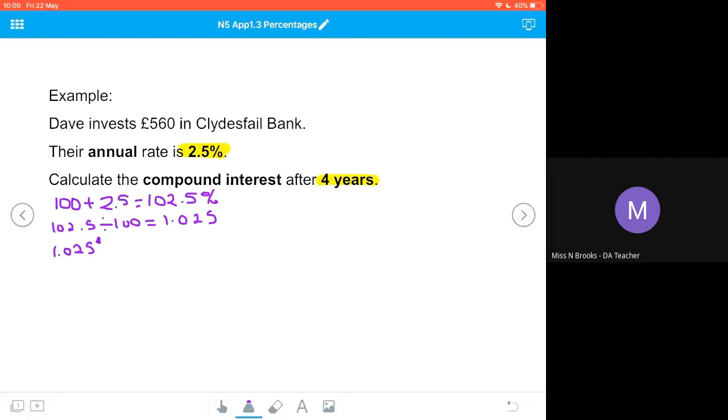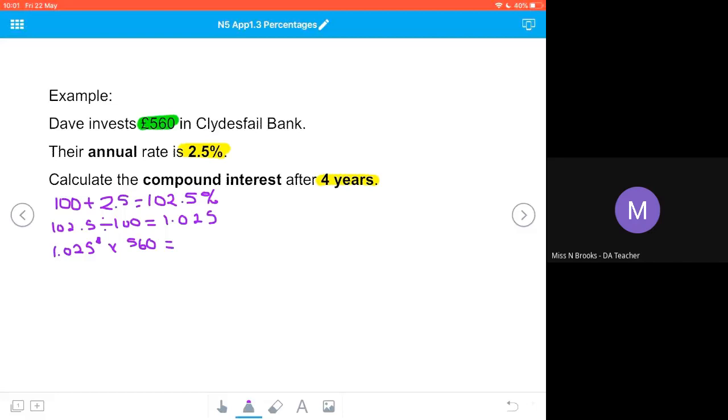And we're going to multiply that by the original amount. And the original amount was £560. Now, we know money has 2 decimal places, so we need to make sure that when we are writing our answer, we're giving at least 3 decimal places to show our rounding.